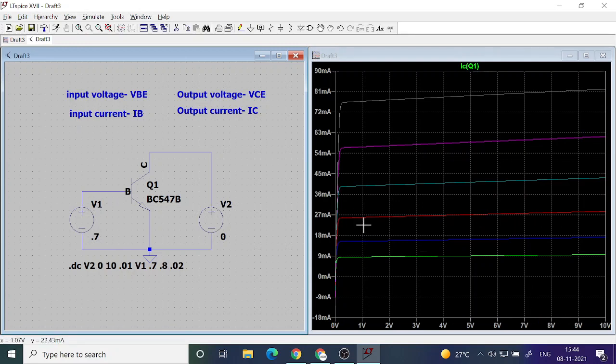There is a slight variation, but that is not appreciable. Do you see that? Yes, sir. But for input characteristics, the dependence was very strong, and for output characteristics, the dependence is very negligible.